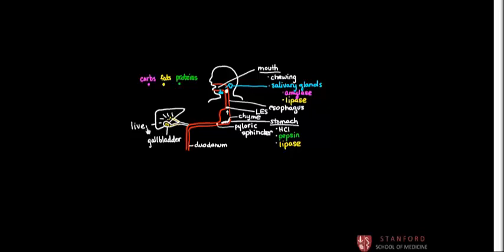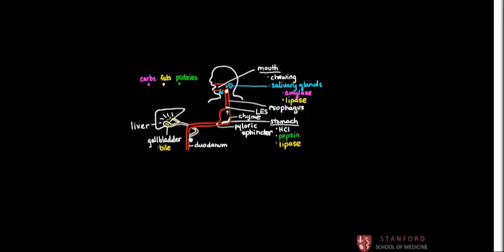And then when the bile is needed, and I'll just write the bile in here in yellow so you can probably guess what the bile is used to digest. When the bile is needed, it's secreted out of the gallbladder and it enters the duodenum right about here.